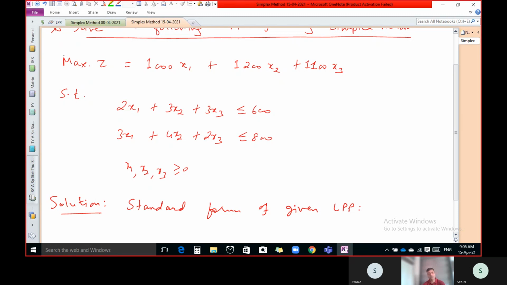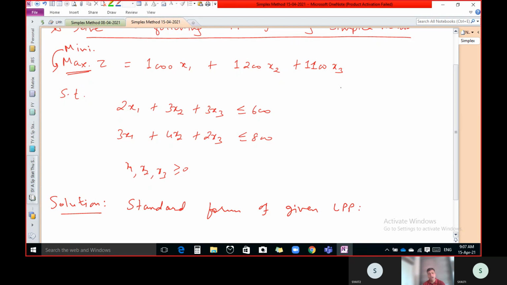First step, see your objective function. Our objective function should be in maximize form. If it is in minimize form, then we have to convert it into maximize. How to convert minimize into maximize?